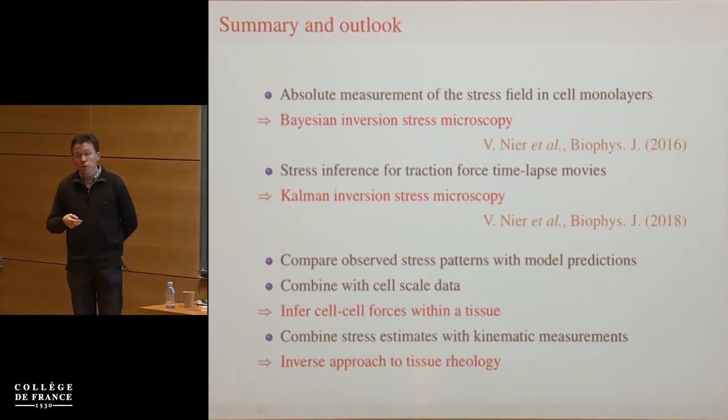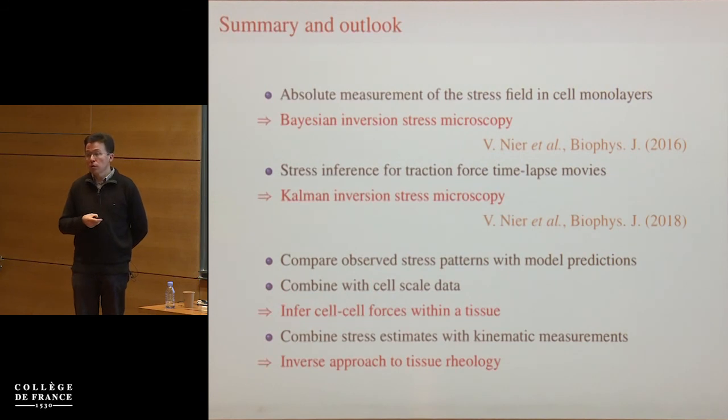A possible extension of the method is to go back to cells. So, in fact, Bayesian inversion and Kalman inversion ignore completely the cells and the boundaries between cells, and they give the spatial field of the tissue considered as a continuum, as a continuous medium.